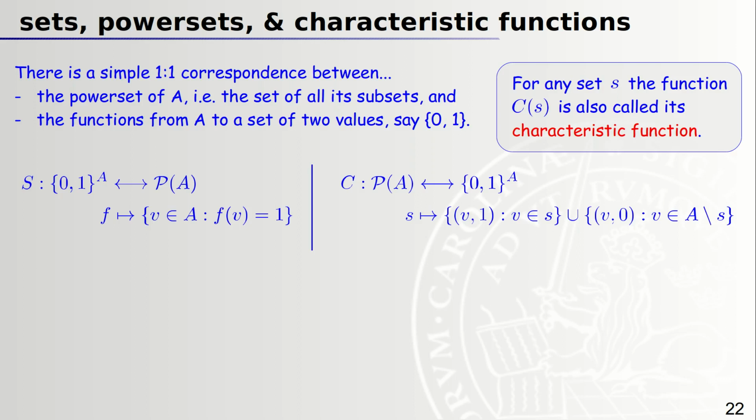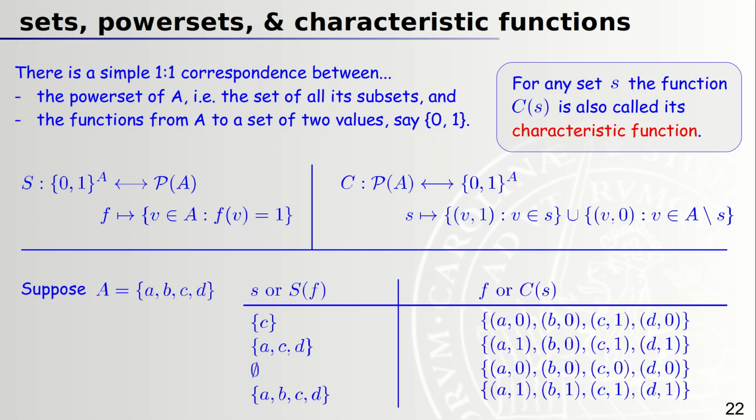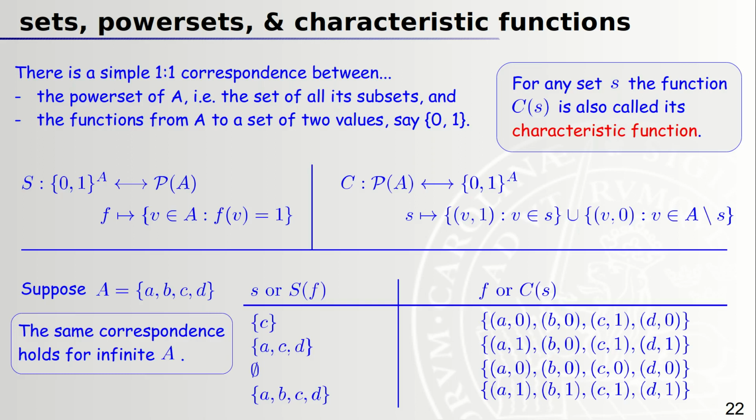Such a function is also sometimes called the characteristic function of the set it was created from. So for example, for a small set A, this is what some of its subsets and their characteristic functions look like. This extends without any problem to infinite sets.